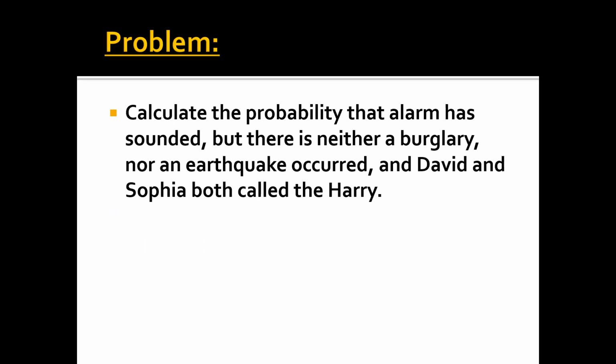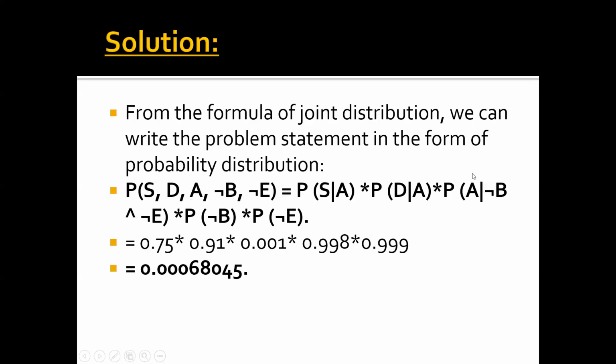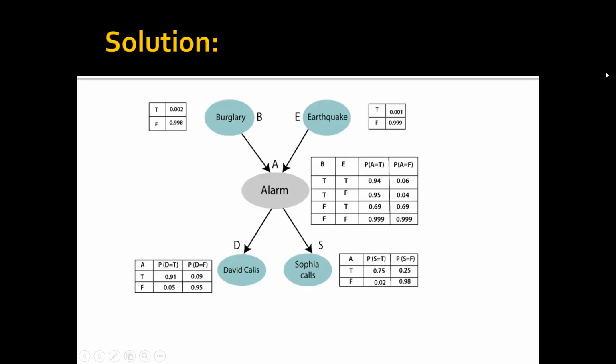So these both events are negative. So we are writing S, D, A, negation of B and negation of E. I hope this is clear. Now, how will we derive this expression? First, we can see S is dependent on A. So we'll write S given A and D given A.